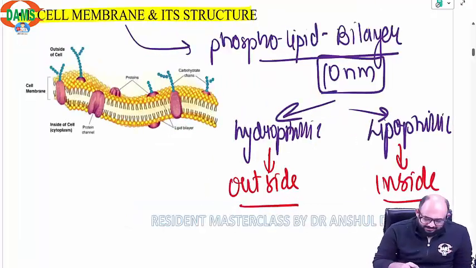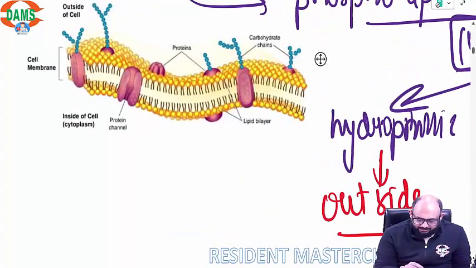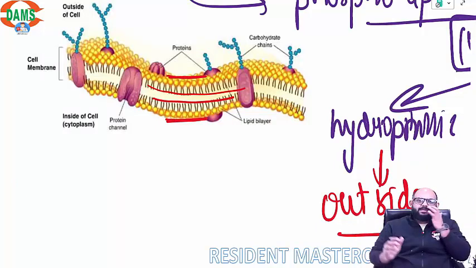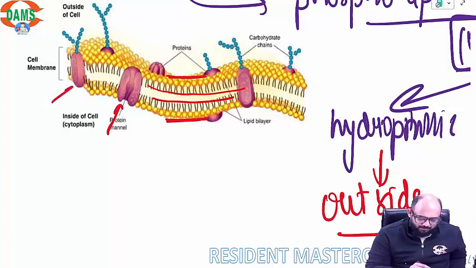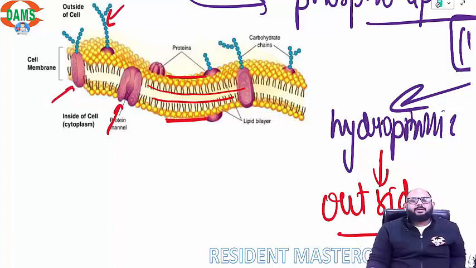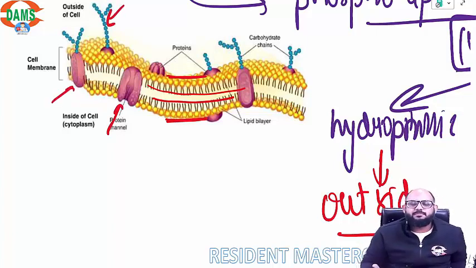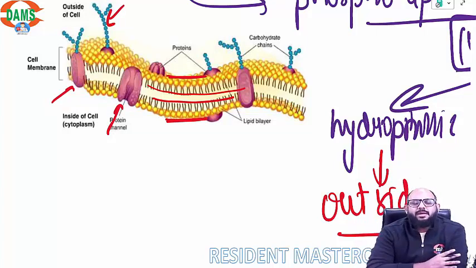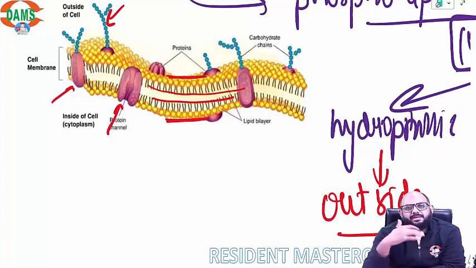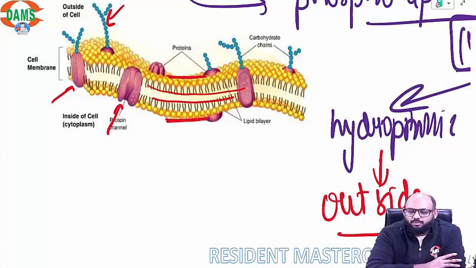So what happens is, it is like this. The lipophilic molecules come and attach to each other on the inside, while the hydrophilic molecules are on the opposite side. So it's a lipid bilayer. And then there are multiple channels, proteins, and glycoproteins which are attached, which form the pathway for the drug to enter inside the cell membrane, or for the things that are inside the cell membrane to go out.